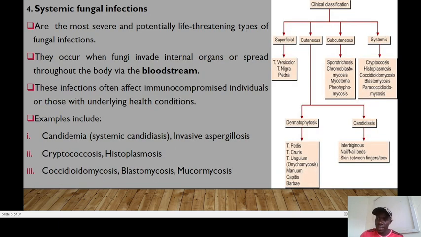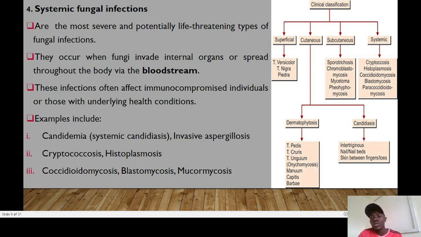The fourth one is the systemic fungal infections, and these are the most severe and potentially life-threatening types of fungal infections. They occur when fungi invade the internal organs and spread throughout the body via the hematogenous route, the bloodstream.